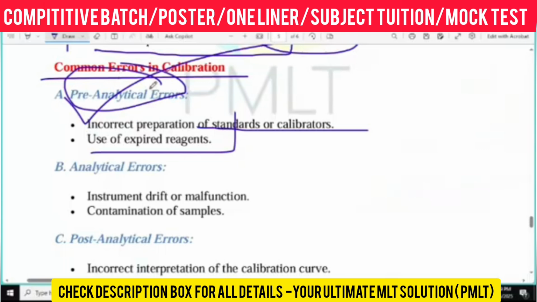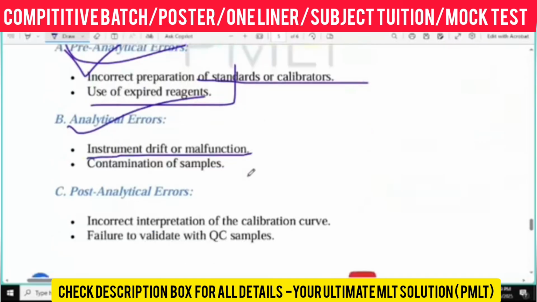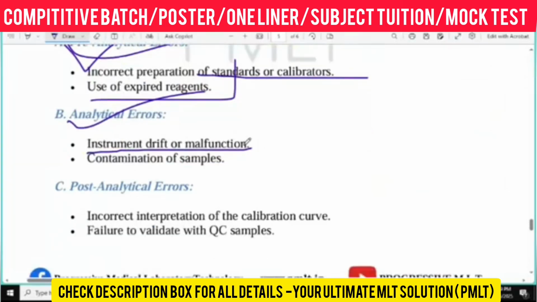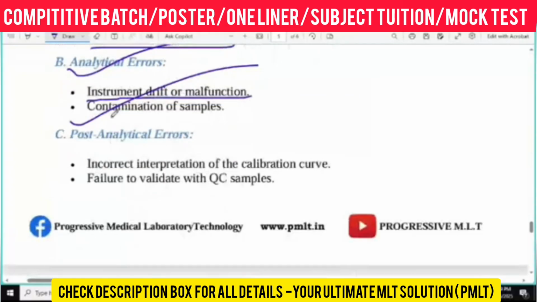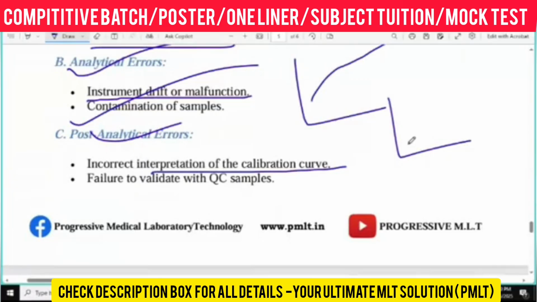Because the analysis is not happening yet. Analytical errors: any fault or failure of the instrument, or contamination of the sample, so that we will not get the calibration properly, right? Post-analytical: incorrect intercept of the calibration curve, if the curve is not generated properly, that is non-linear, and that is linear.